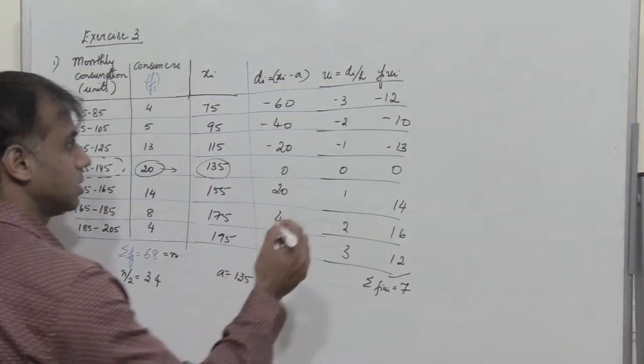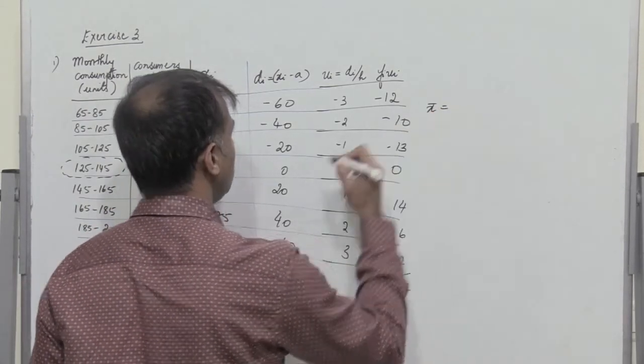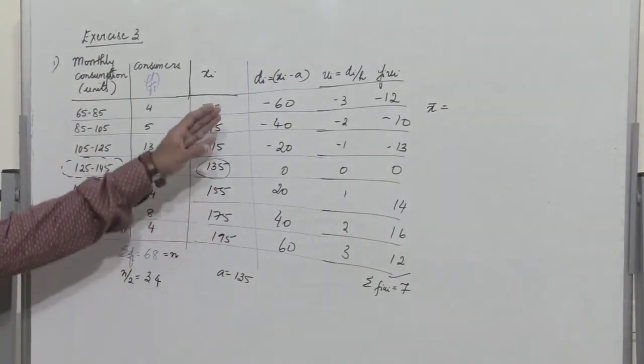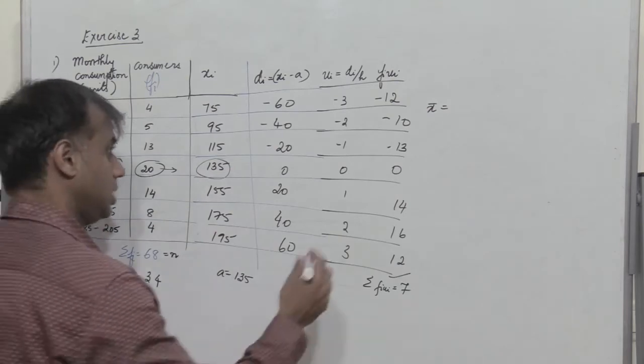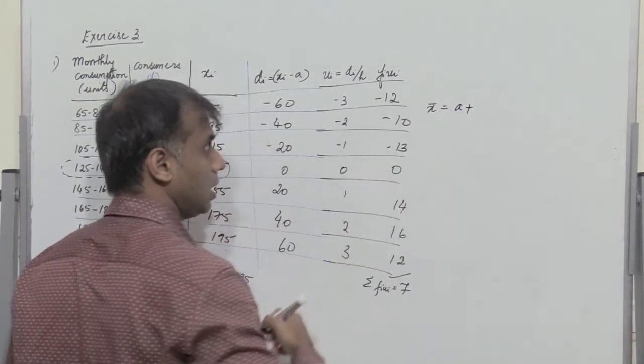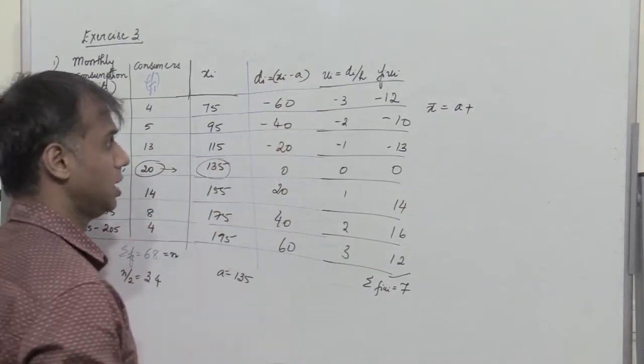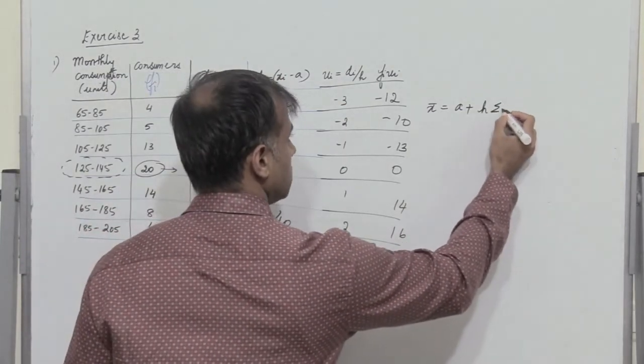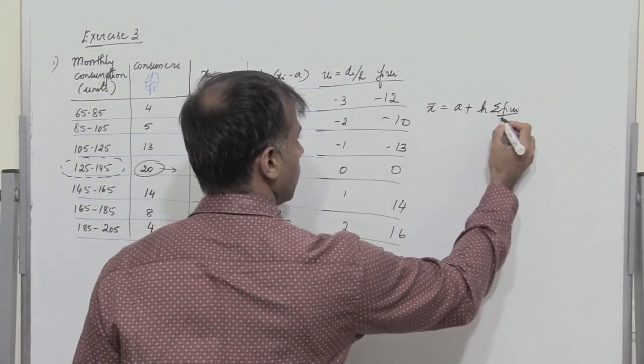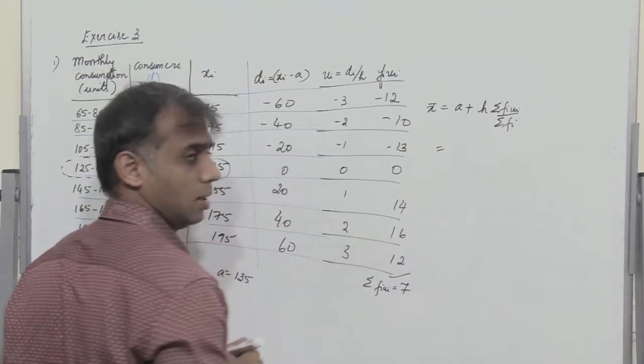So we calculate the mean value. Since I've subtracted a, I need to add a, and since I've divided by h, I need to multiply by h, into summation fiui divided by summation fi. Right?